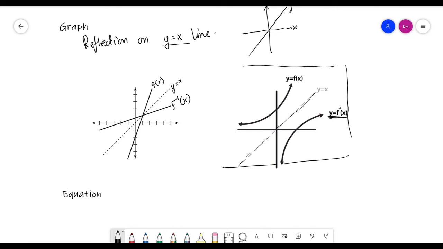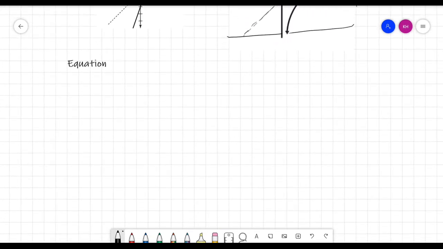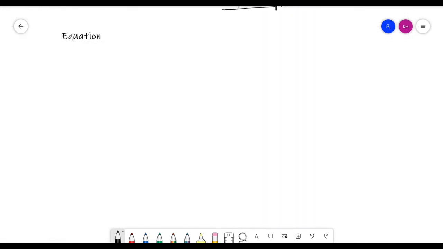So I hope this is clear to you guys, and we're going to move on to the most important part of this inverse chapter or section: how to find an inverse from an equation. So let's go back to our function at the beginning, f of x equals 2x plus 5.